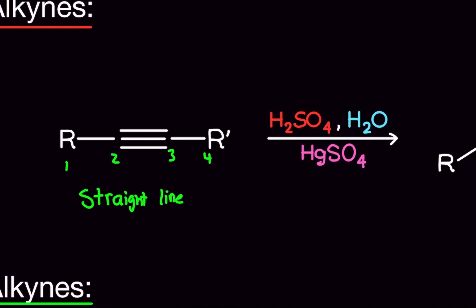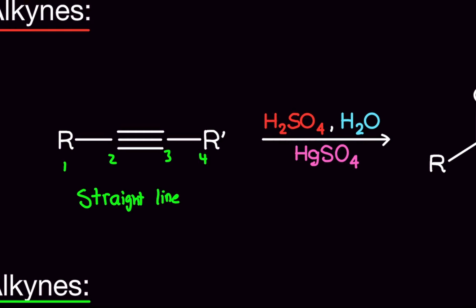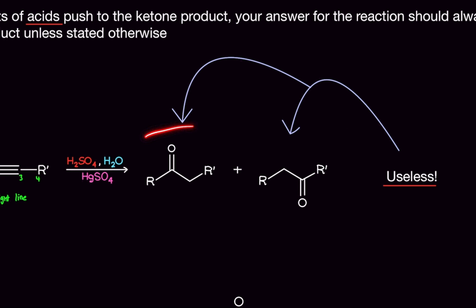They look different. They are not symmetrical. When this happens, you get two products, two ketones, and you're going to get two enols. This is pretty much useless because you cannot control what product you want. Say if you just wanted this product and only that product. Well, you can't, because you're going to get this one as well. So it's a problem.